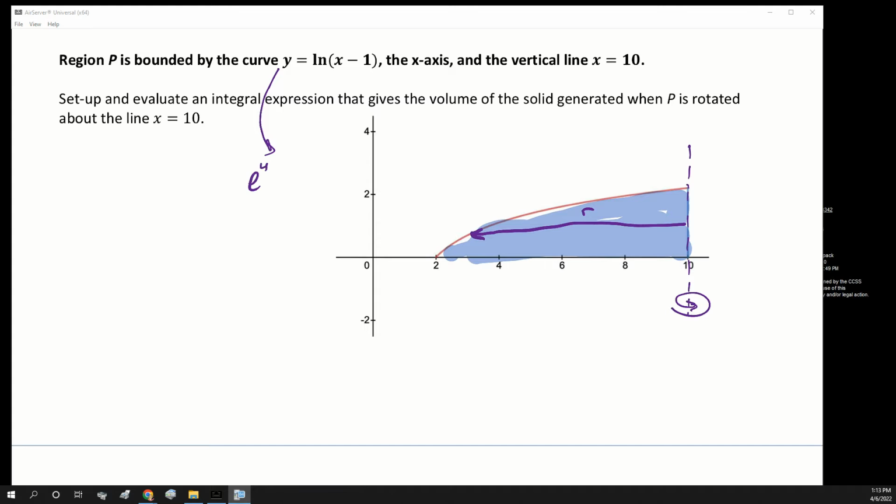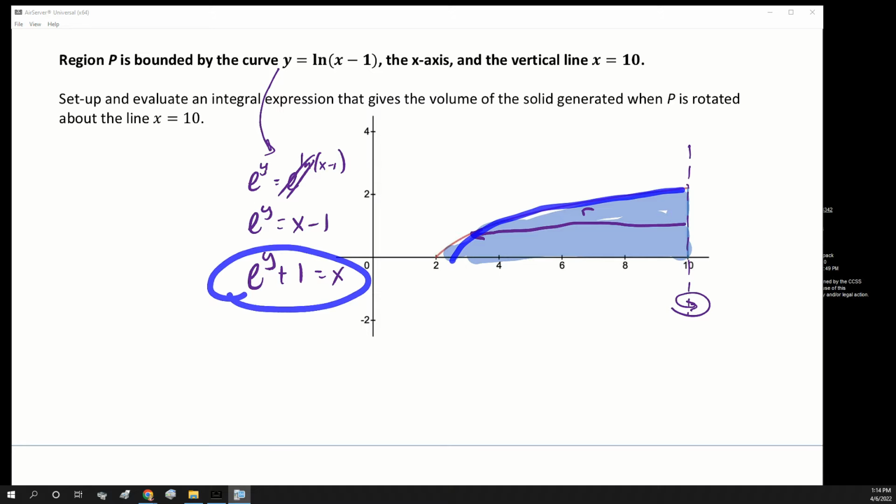So it's e to the y equals e to the natural log of x minus 1, or e to the y just equals x minus 1, because that would cancel out. And then to solve that for x, you add the 1.